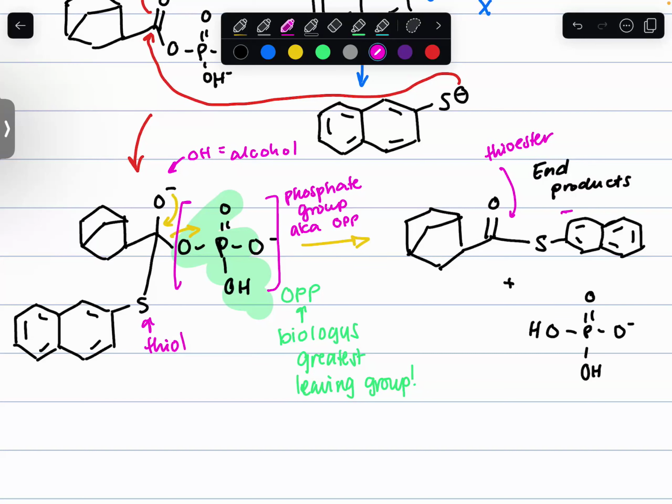This whole group, I believe, is called naphthalene. No, you definitely would not need to know that. This one doesn't have a lot of functional groups for you to label.